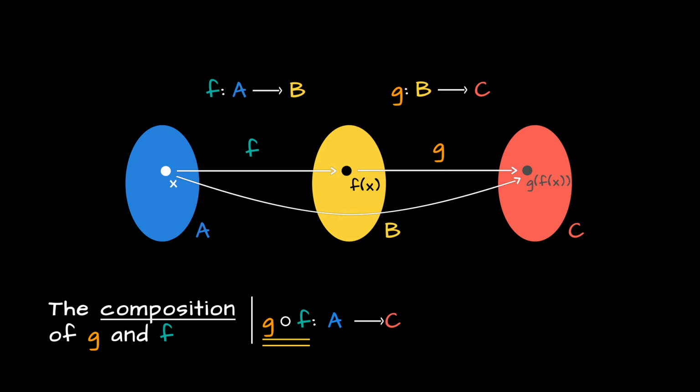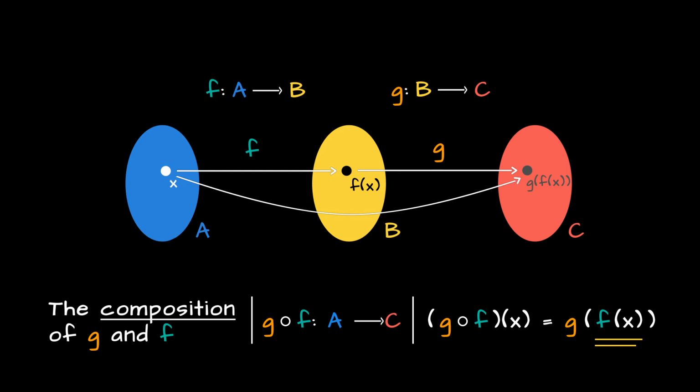So here, g composed with f in that order will be a function from the set A to the set C. And for any element x in the set A, the composition, g composed with f, will be defined as g of f of x. Or, to be a bit less informal but perhaps more descriptive, the composition of g and f is obtained by taking the function f and sticking it inside of the function g.